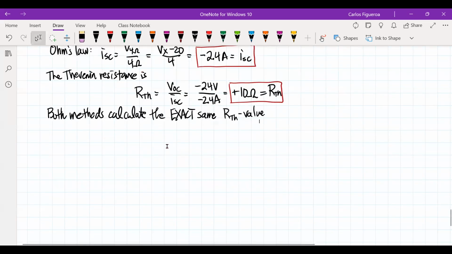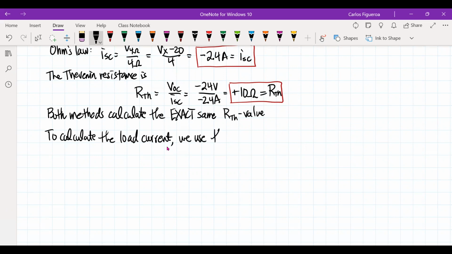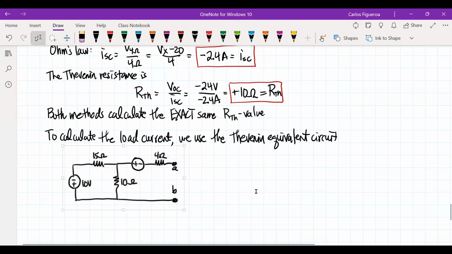So now I have my circuit here. So now to calculate the load current, we use the Thévenin equivalent circuit. So if I look at my circuit again, here's my original circuit.